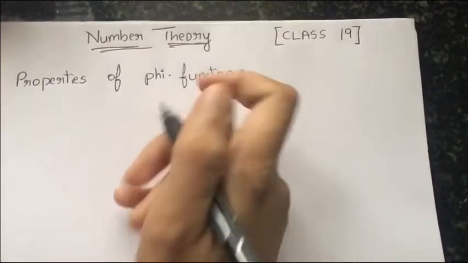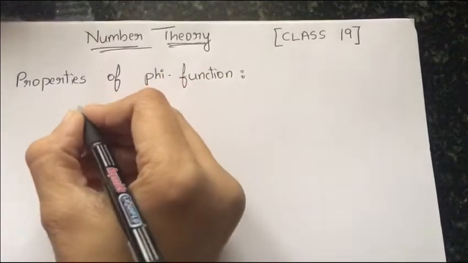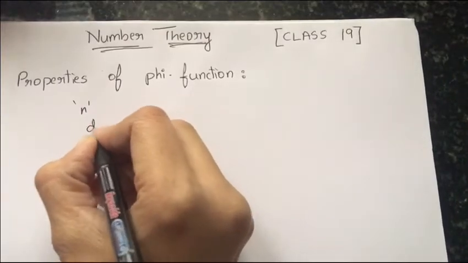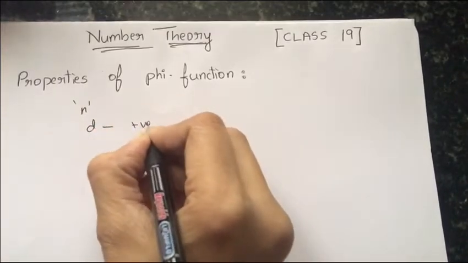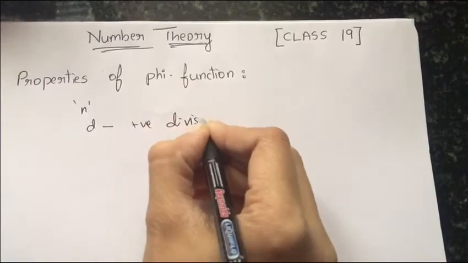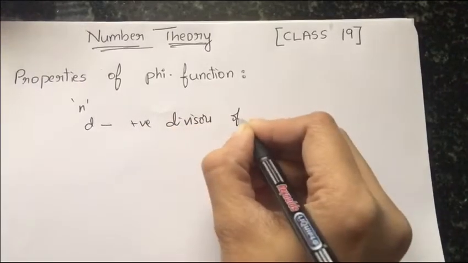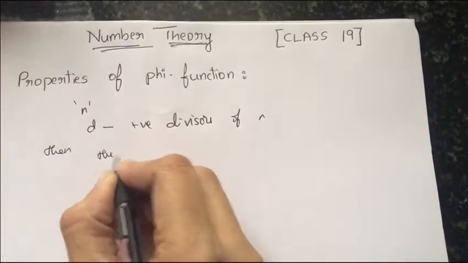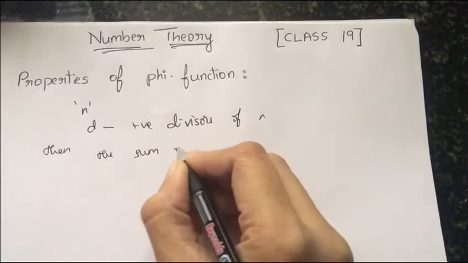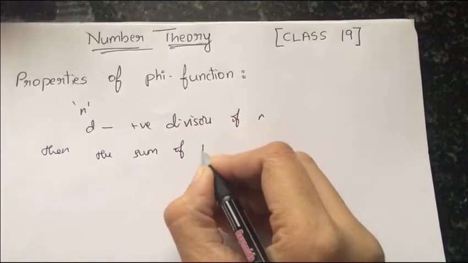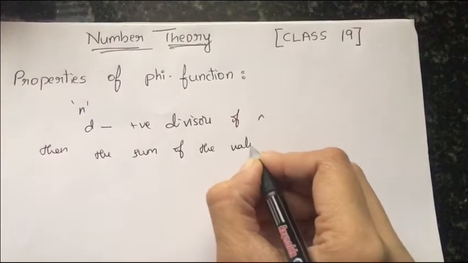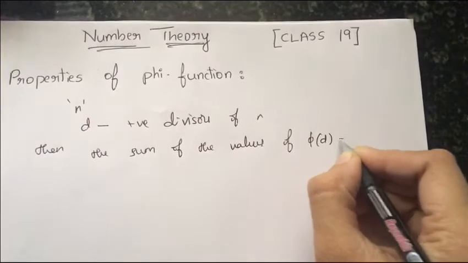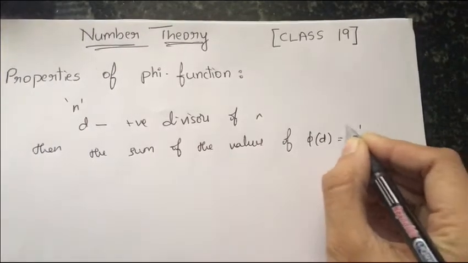It says for a positive integer n, where d is a positive divisor of n, the sum of all the values of phi of d is nothing but n only.